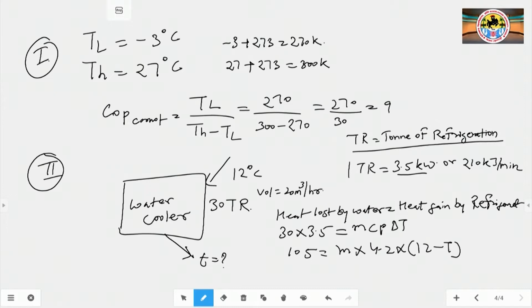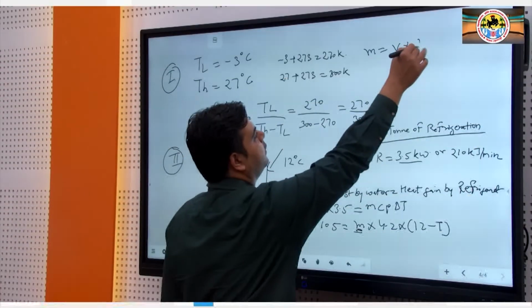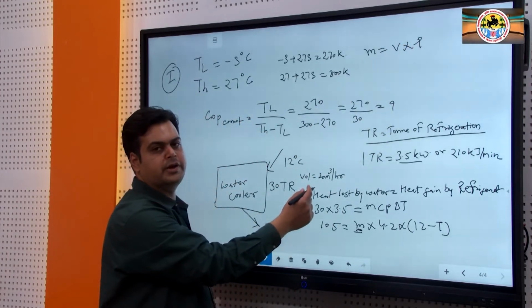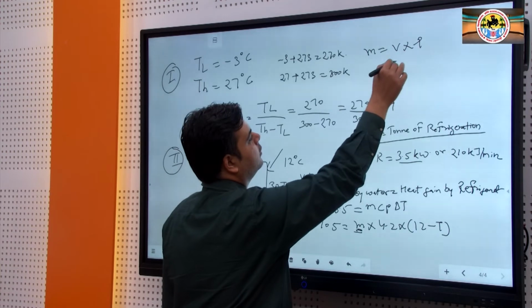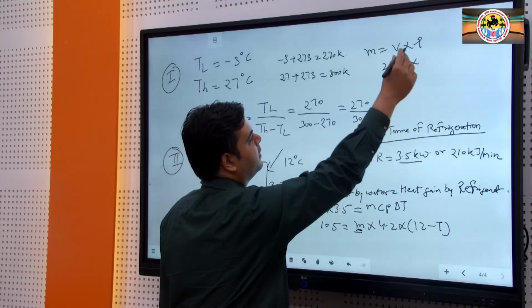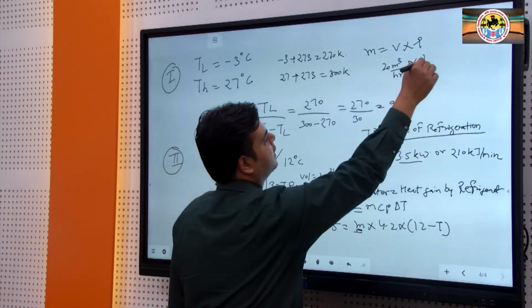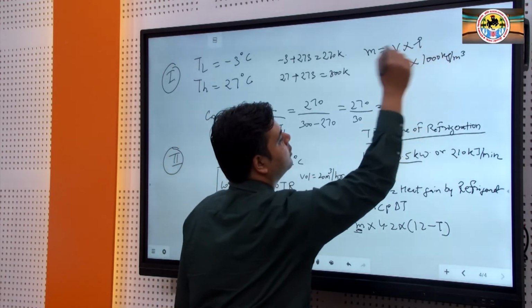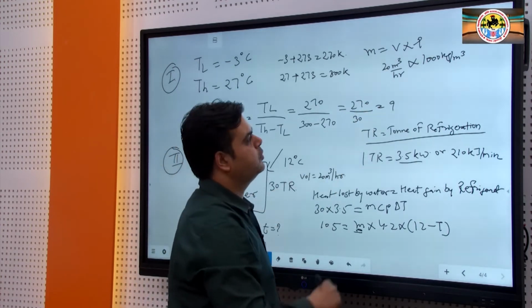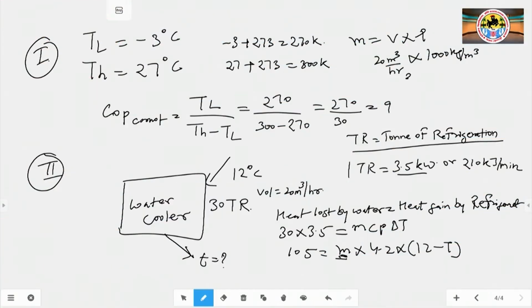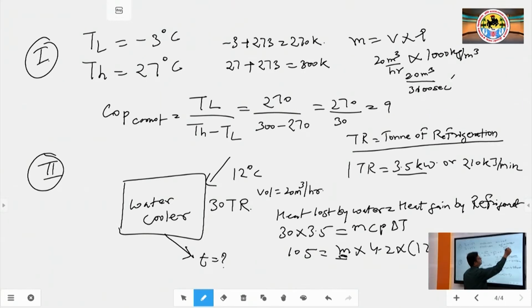So, before finding the temperature, we have to find the mass. How to calculate the mass? Mass is equal to volume into density. Volume is 20 meter cube per hour, multiplied by density. Density of water is 1000 kg per meter cube. The hour we have to change into seconds, so 20 meter cube divided by 3600, since 1 hour is equal to 3600 seconds, multiplied by 1000 kg per meter cube.